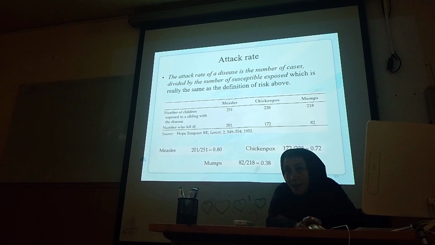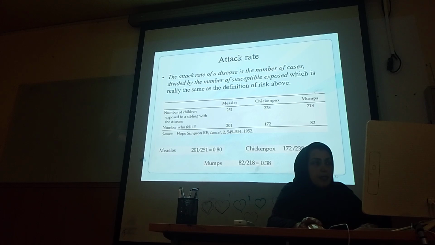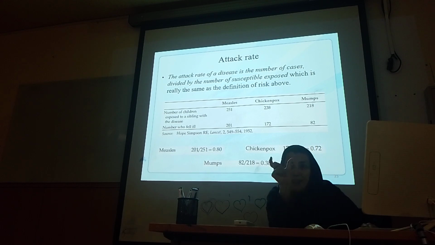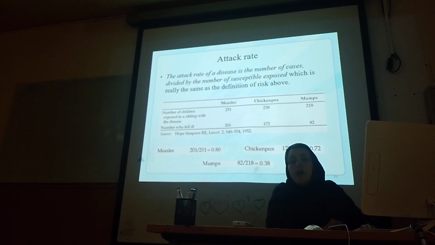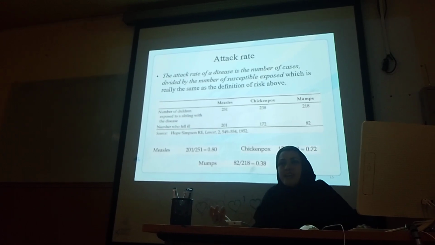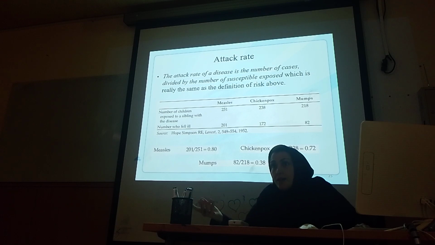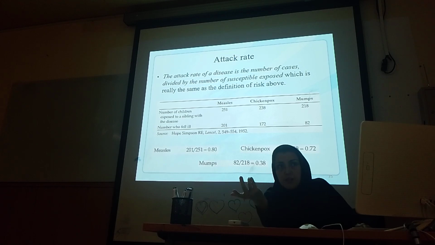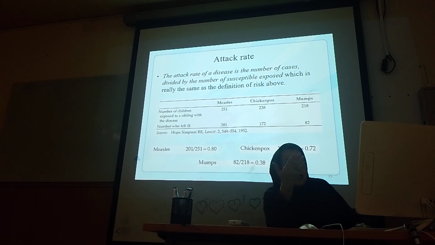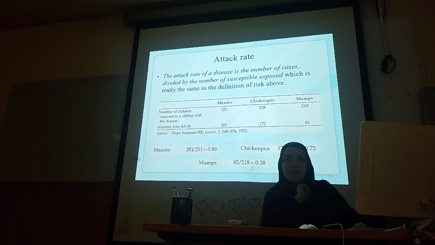It is a kind of proportion, incidence proportion or cumulative incidence, or a kind of attack rate. Why? Because the time is very short, it could be a kind of attack. For diabetes, we cannot say attack rate. But for infectious disease, the time is short and we can use attack rate instead of incidence rate.